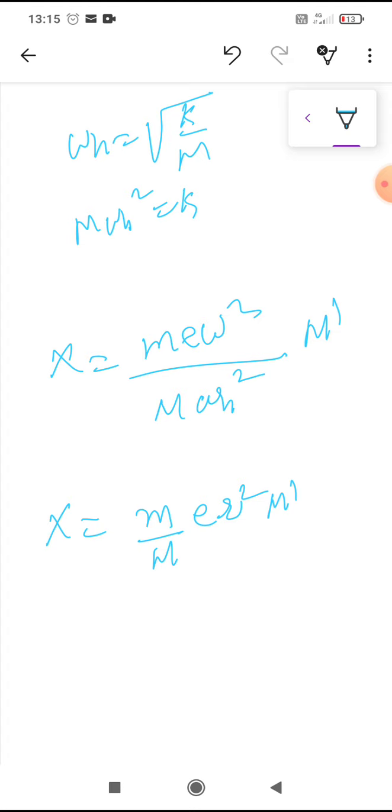If I substitute these terms on the right hand side, I get m x by m e is equal to m dash r square. This term m x by m e is a dimensionless quantity.